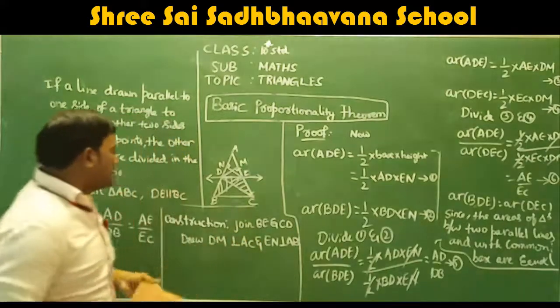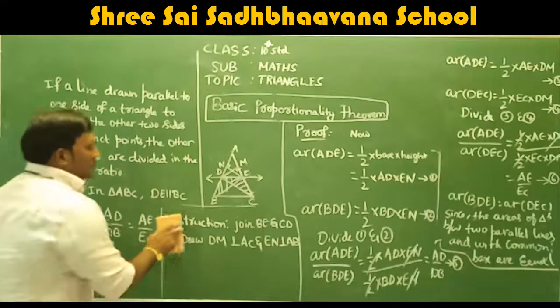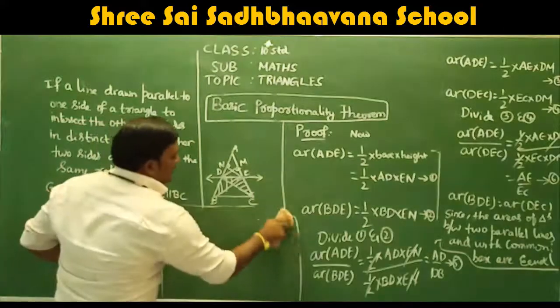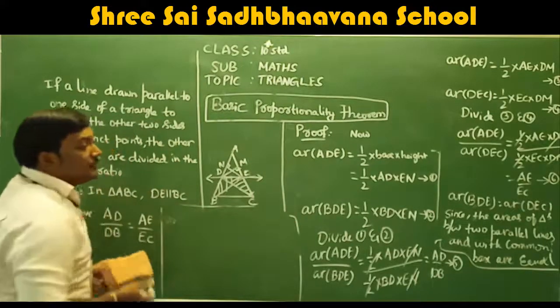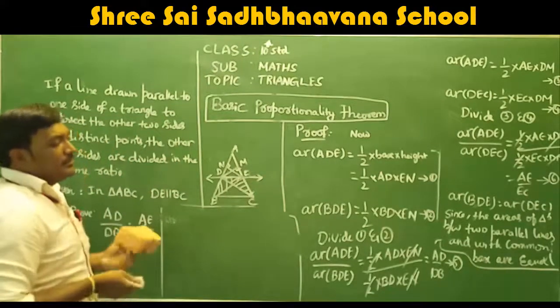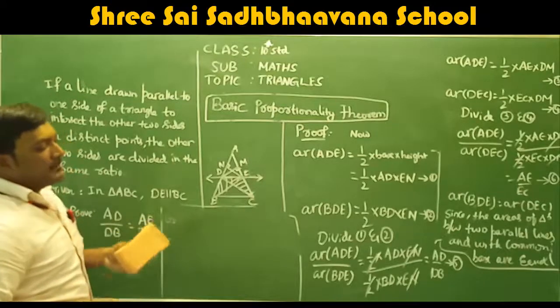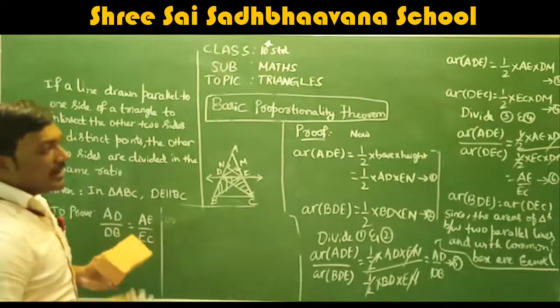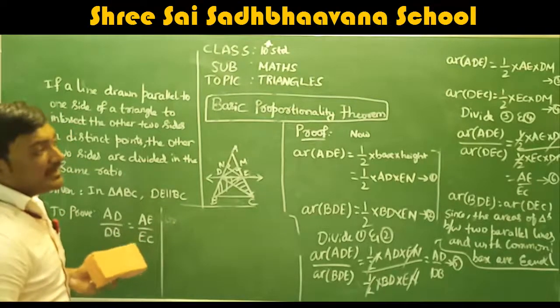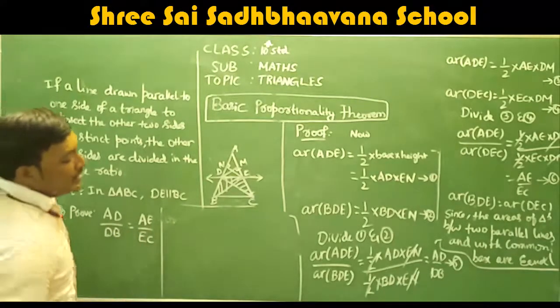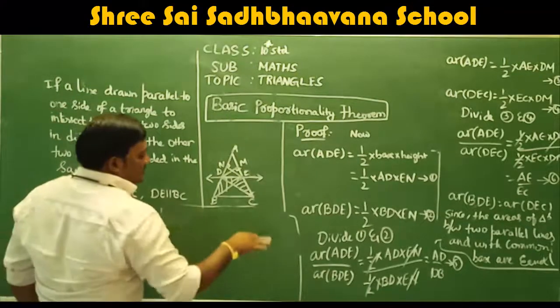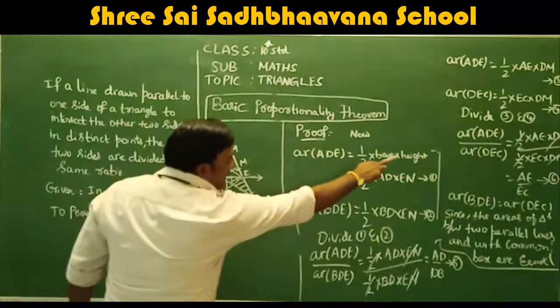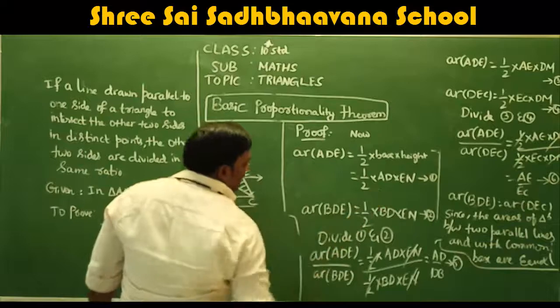Okay. So now I just remove this so that we can equate. From equation 5 you see area of ADE by area of BDE is there, and area of ADE by area of DEC is there. So if I consider any one equation, I can replace area of triangle DEC with BDE because both are the same.